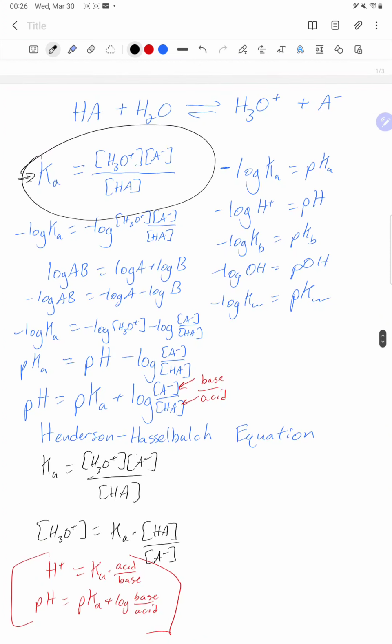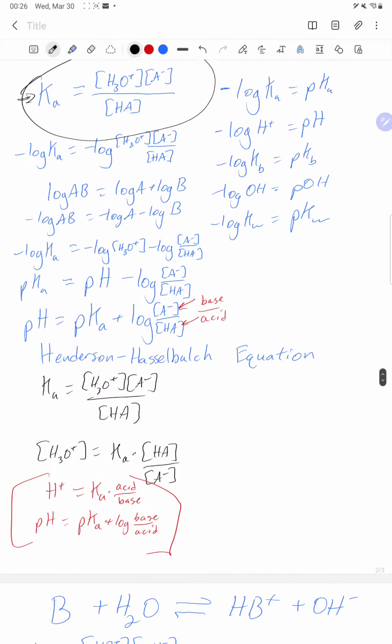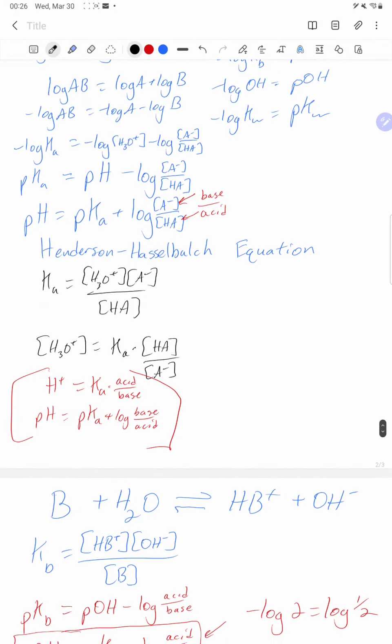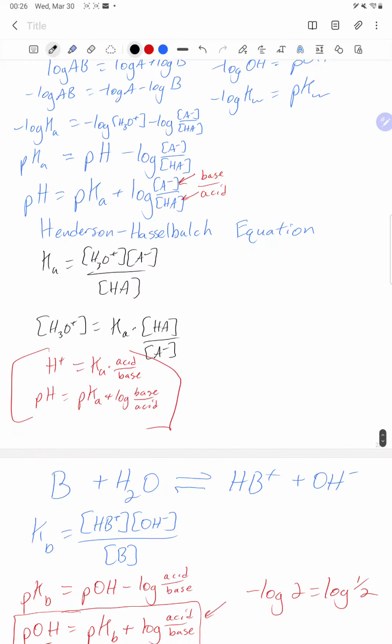So then I did the negative log of both sides of our equilibrium expression to solve for the Henderson-Hasselbalch equation. But you can also not run it through a logarithm and solve for this other form. So you have the Henderson-Hasselbalch form, which is a logarithmic form, and a non-logarithmic form, which is just a manipulated version of the equilibrium equation.